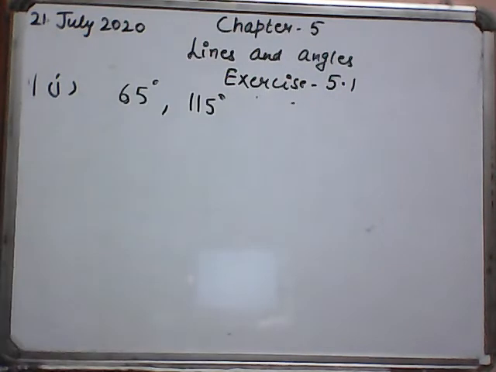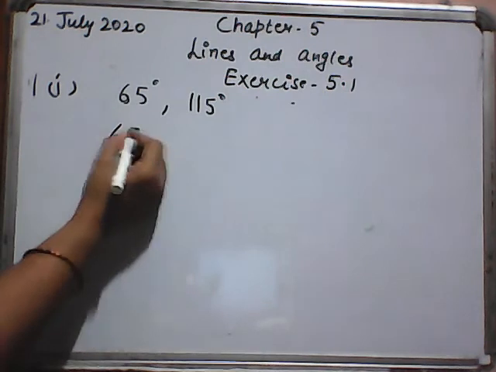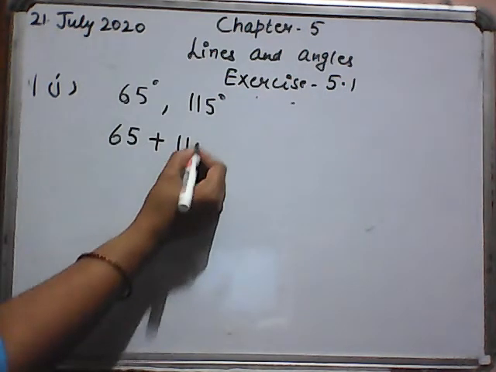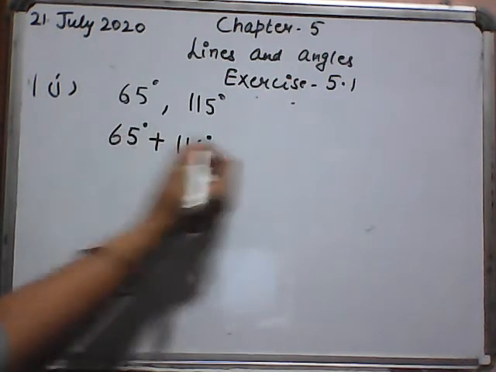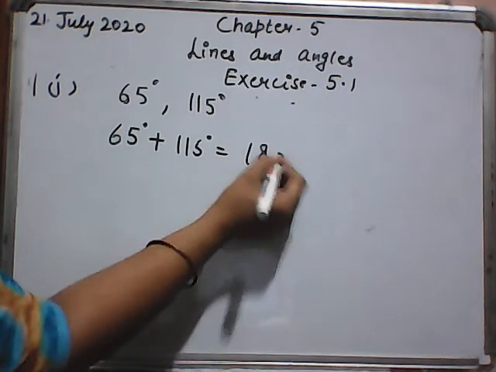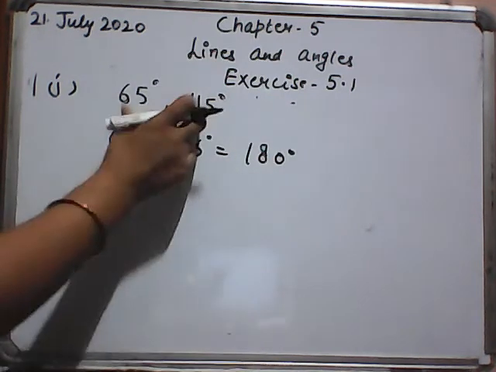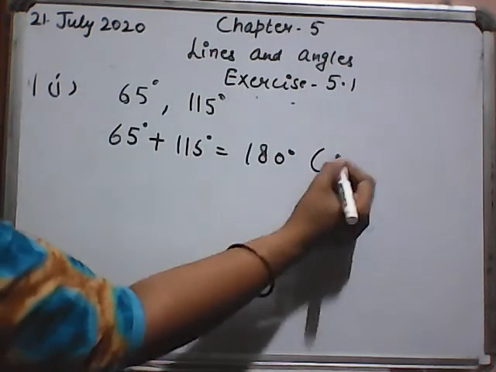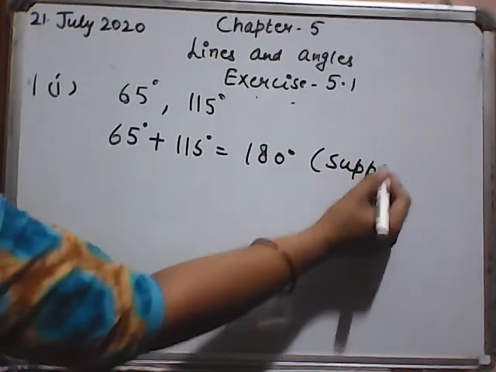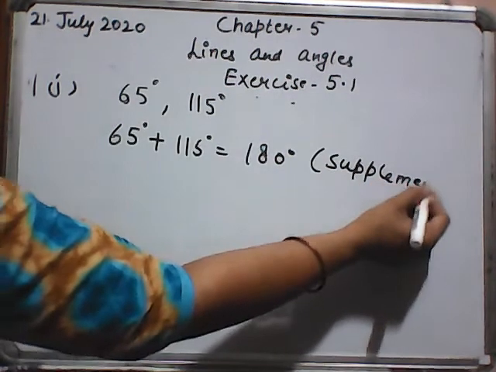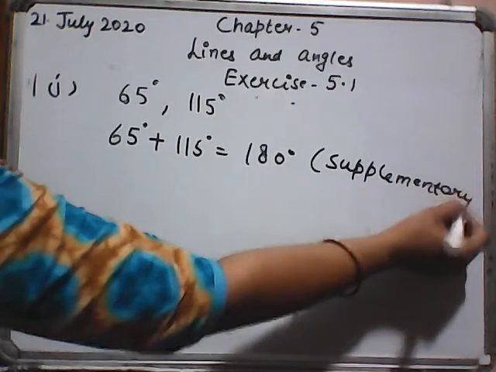You have to find the sum of these two angles: 65° plus 115°. The sum of these two angles is 180°. That means this pair of angles is supplementary. If the sum of two angles is 180°, then the angles are supplementary.